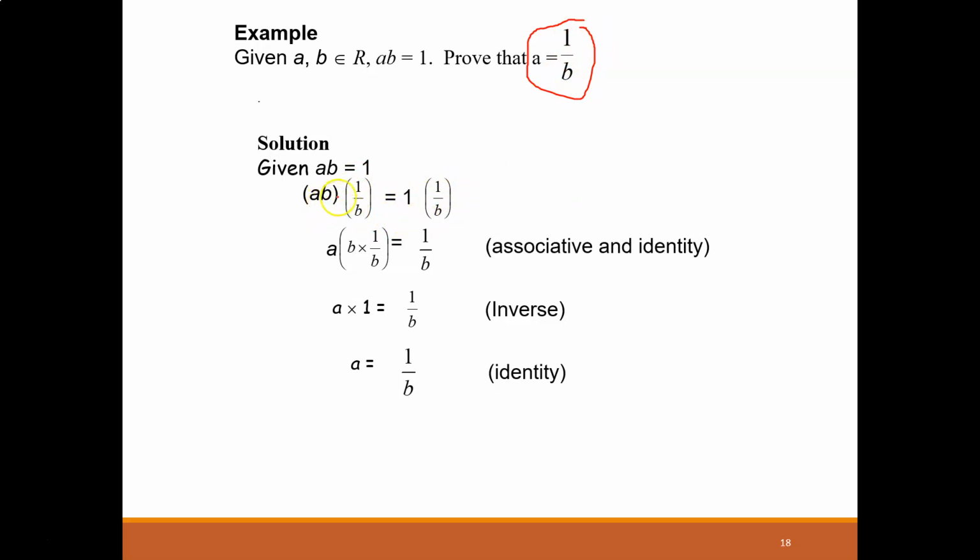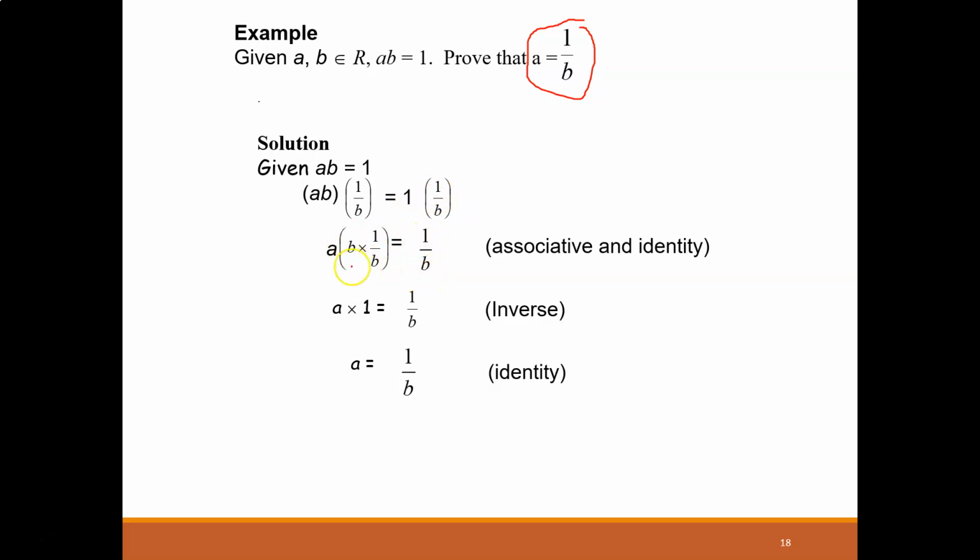For now, jangan dulu mansuhkan, jangan dulu potong ya. You don't have to cancel it out first, just let it be macam ni. Now A, you take it out, so B sahaja yang dekat dalam, B times 1 over B.